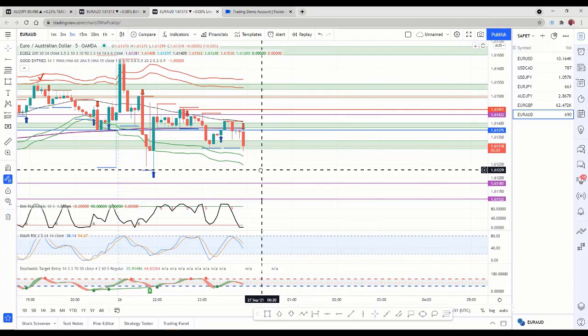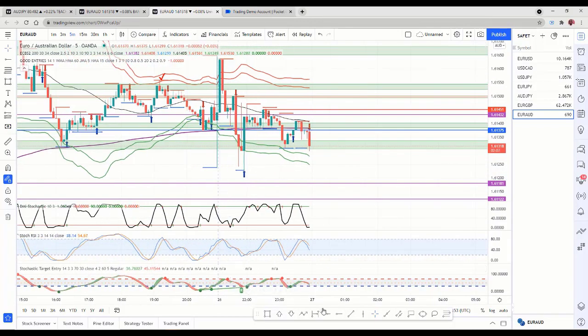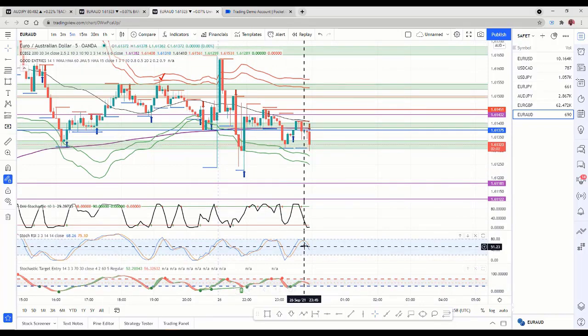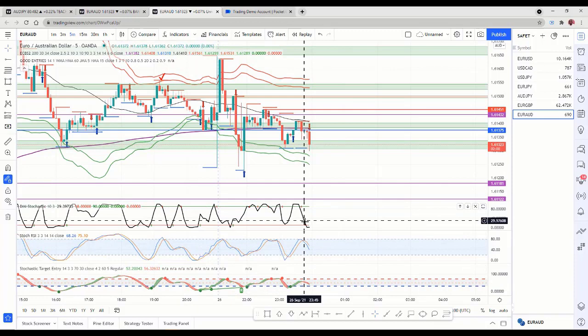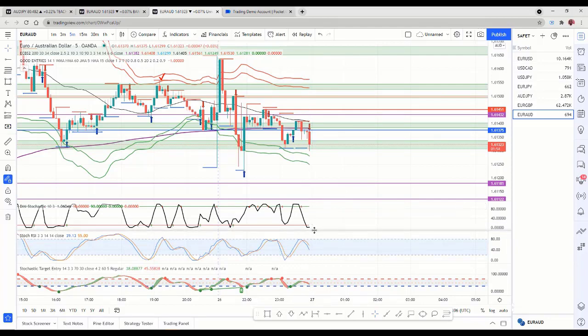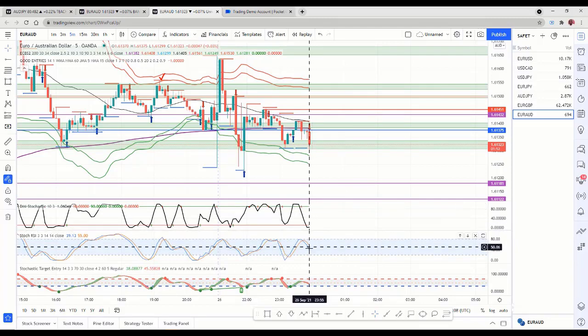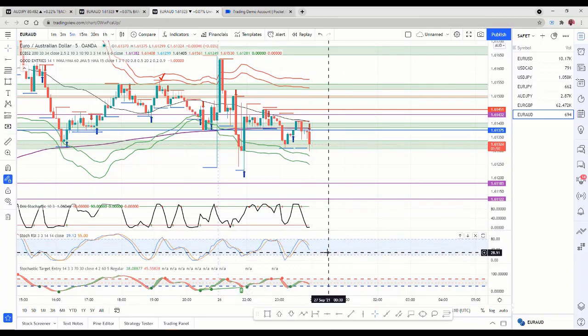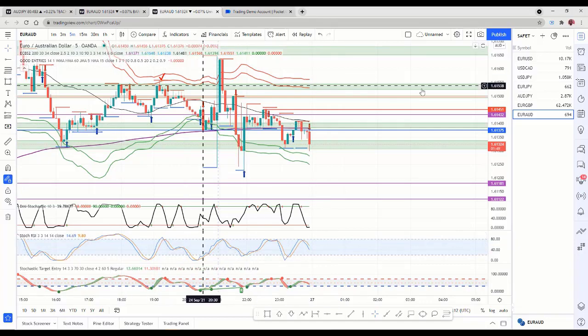Good entry is telling me it is selling, and I will agree because you can see this is selling, and this just got to oversold. Okay, I may decide to wait for this until it starts buying.